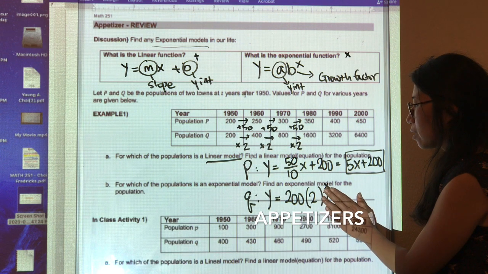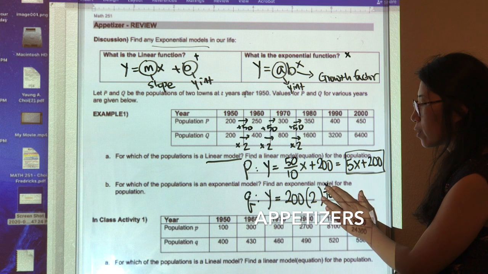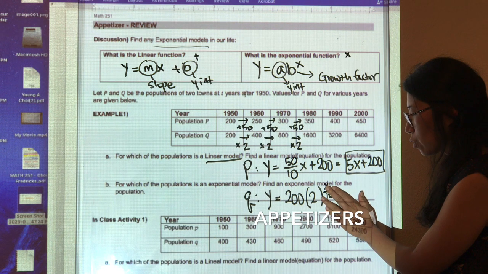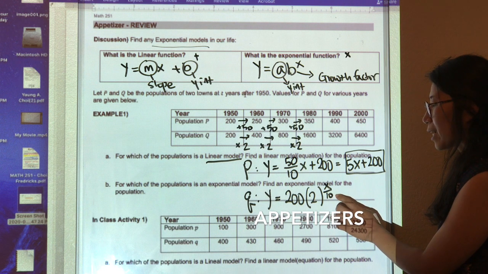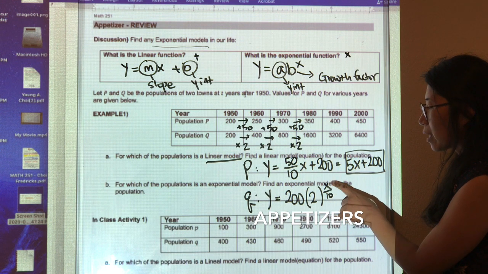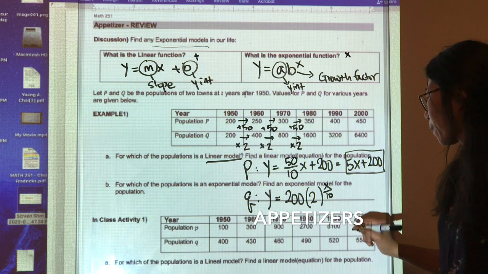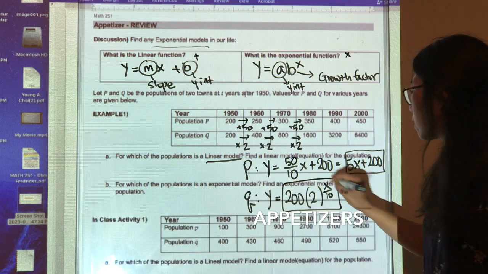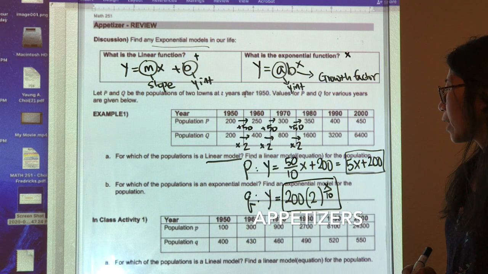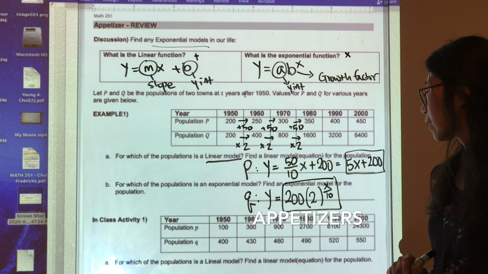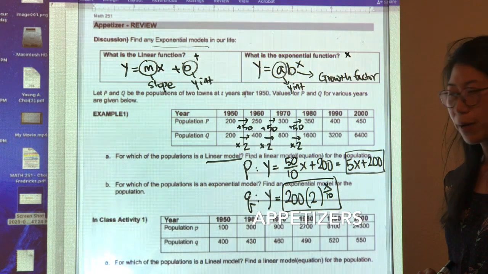Without this 10, you can just say every year it multiplies by 2, so it doubles. But by putting 10, every 10th year it is going to be doubled, which is x over 10. So in this case, the equation will be the exponential function 200 times 2 to the x over 10th power.